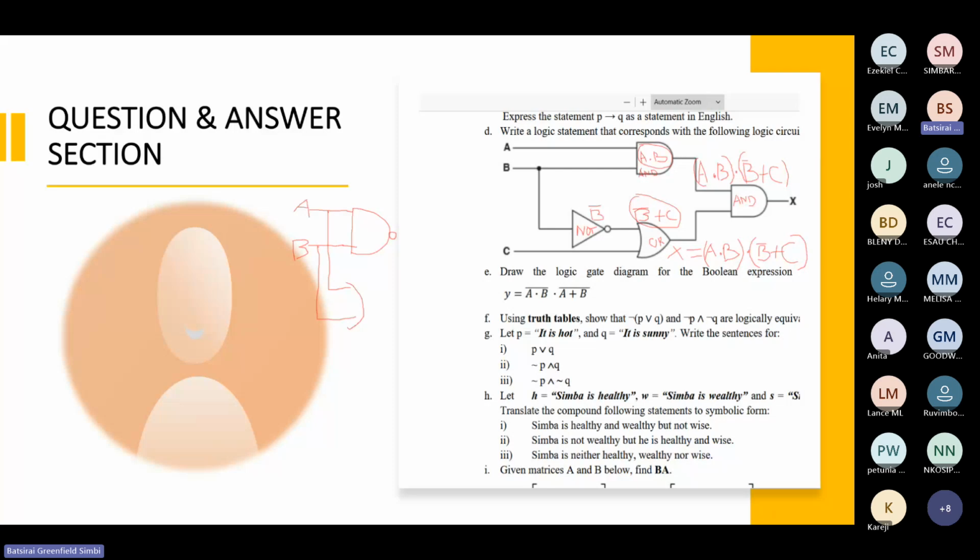So this is A plus B, not A plus not B. Then we have our AND gate here. Then we say Y. So this will become our logic gate diagram. So thank you so much. I think we've reached the end of my presentation.